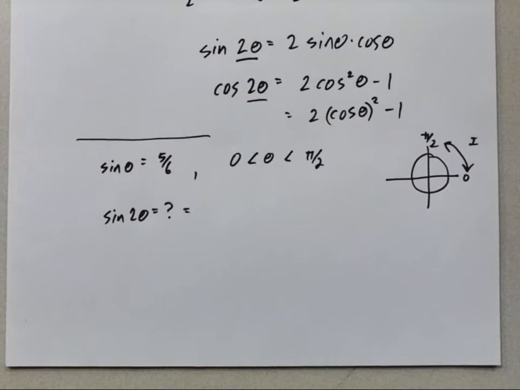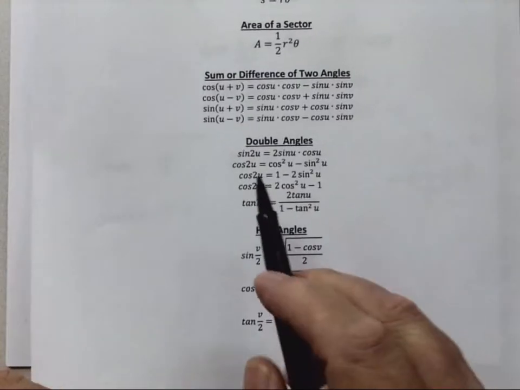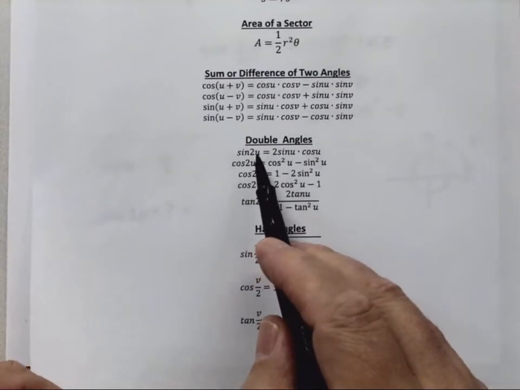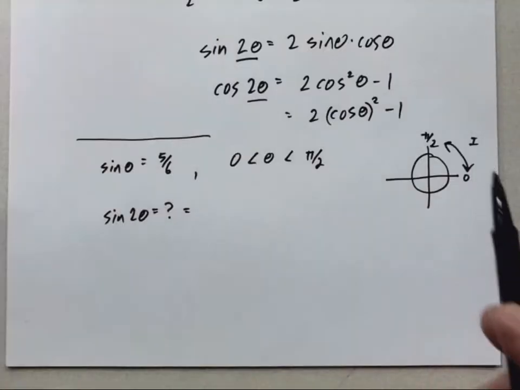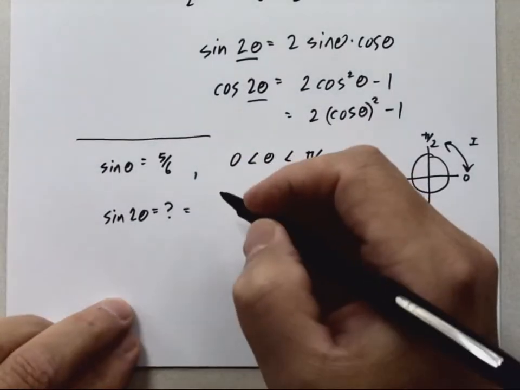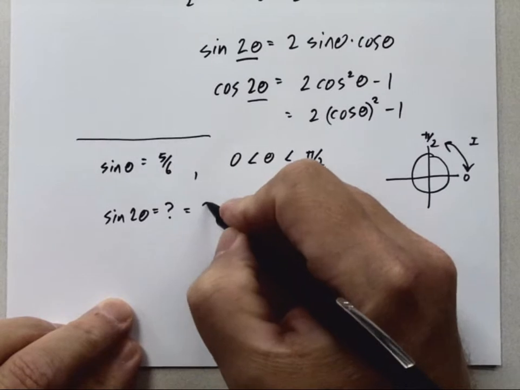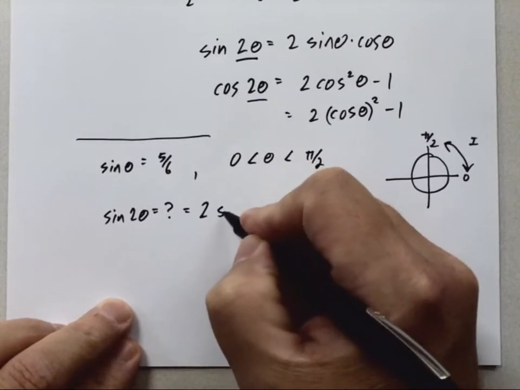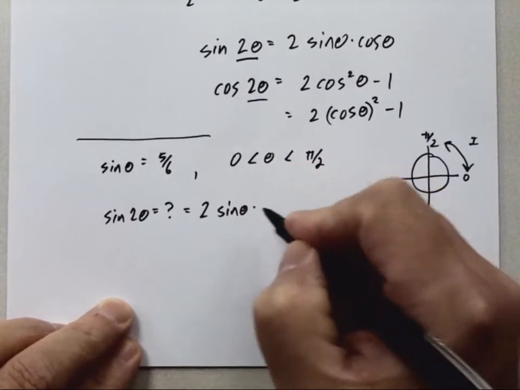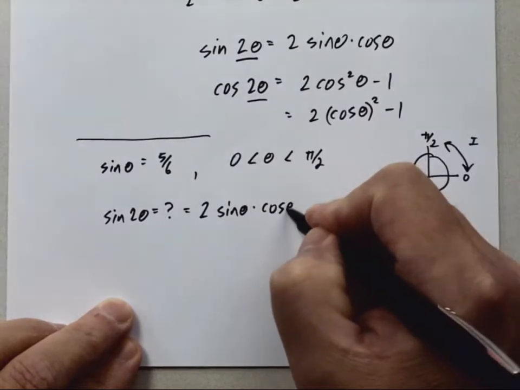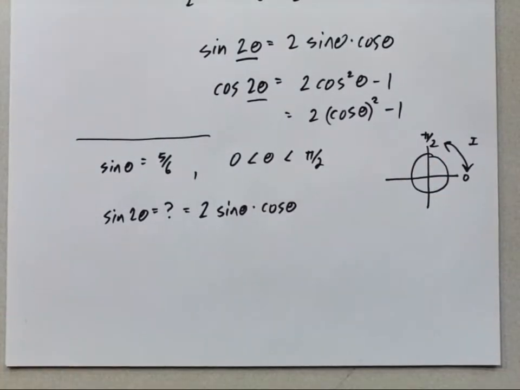So if we go back to our formula sheet, we've seen this before. Sine of 2u is 2 sine u cosine u. So for us, I'm going to say the sine of 2 theta is 2 sine theta times cosine of theta.